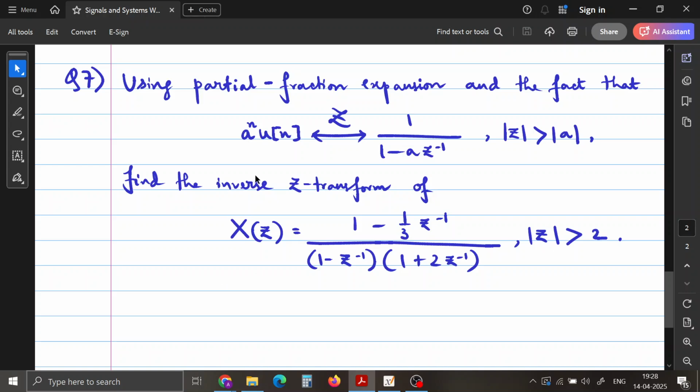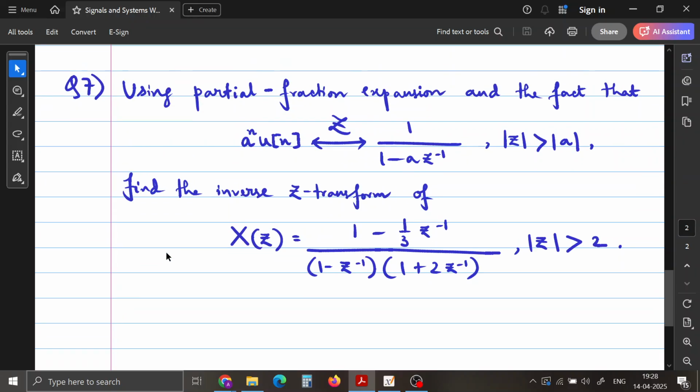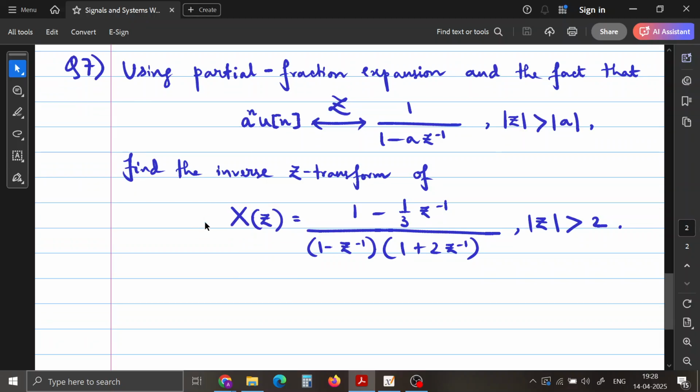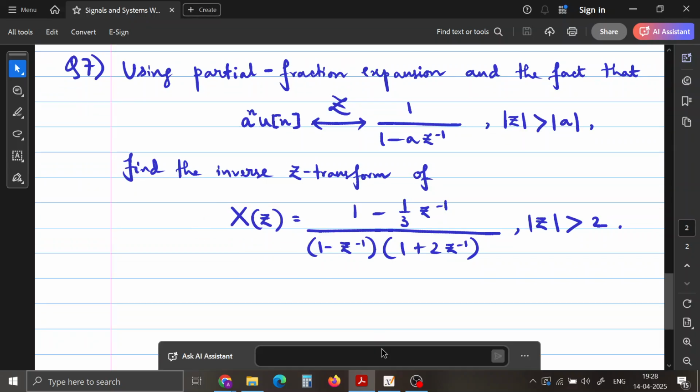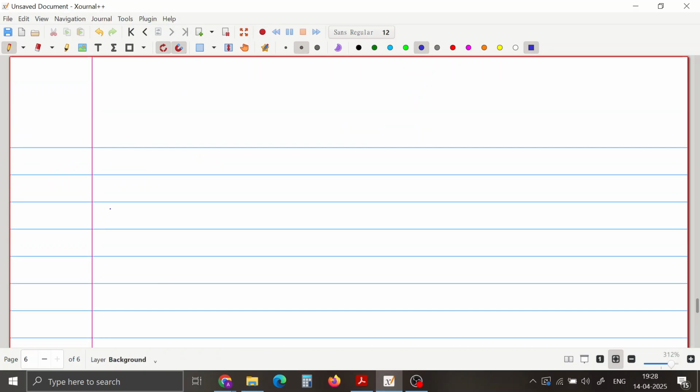So we have to derive small x of n, the discrete time domain signal. It is already given that you have to use partial fraction expansion. So let's do this. Maybe I'll go to the next page.